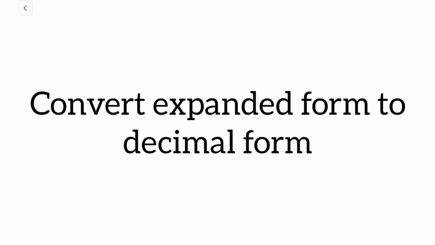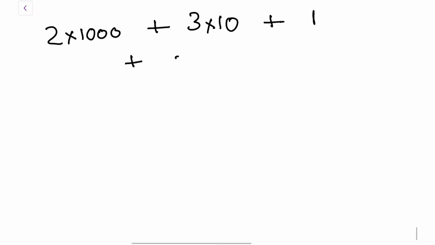Now, how do you write the decimal number from an expanded form? Let's take an example. If this is the expanded form, 2 into 1000 plus 3 into 10 plus 1 plus 2 by 100 plus 3 by 1000.